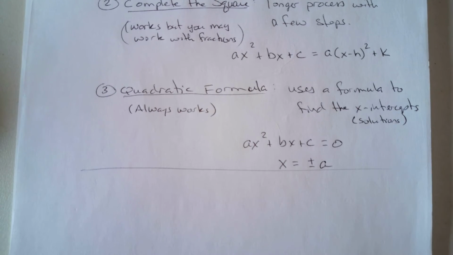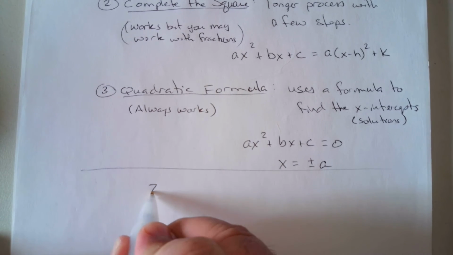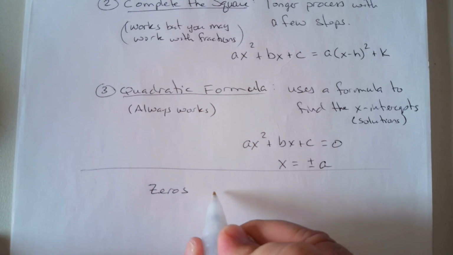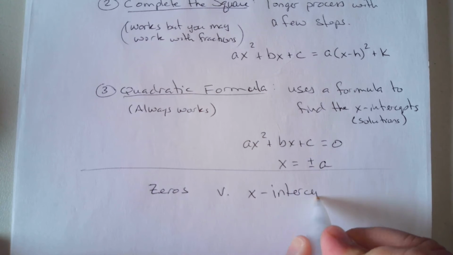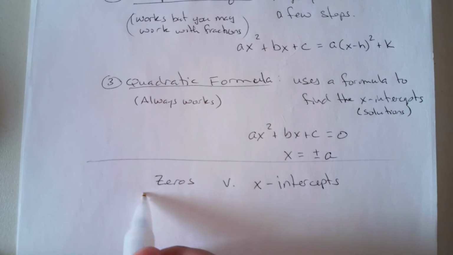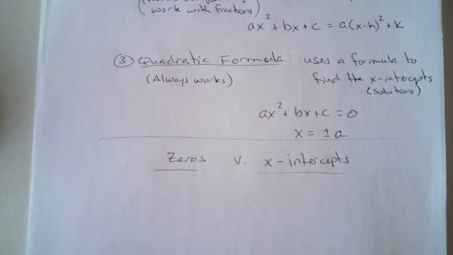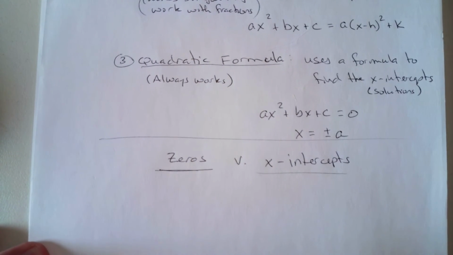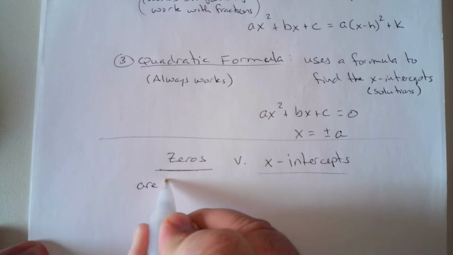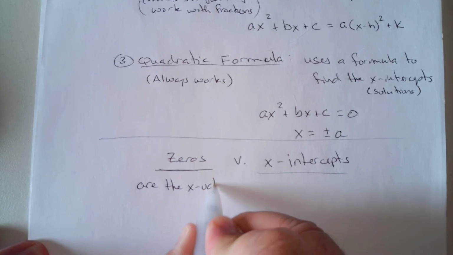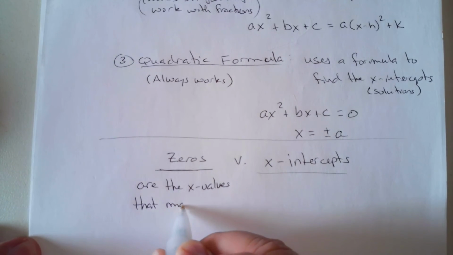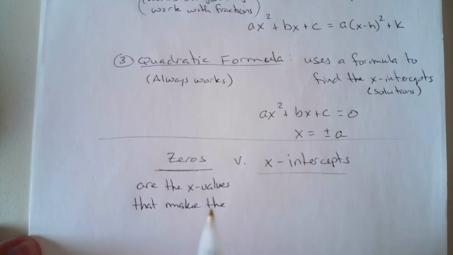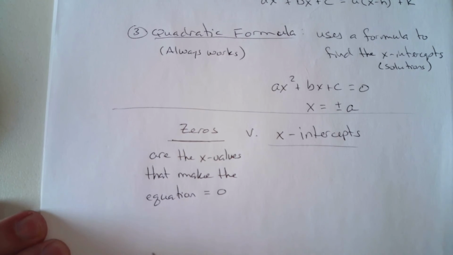Before we start doing those, let me first rediscuss the concepts of zeros versus X-intercepts. Zeros are the X values that make the equation equal to 0.